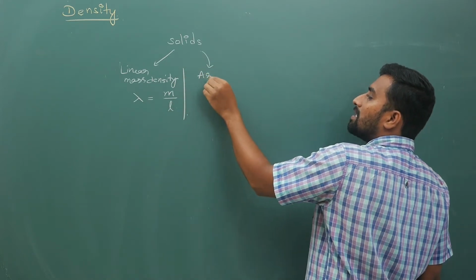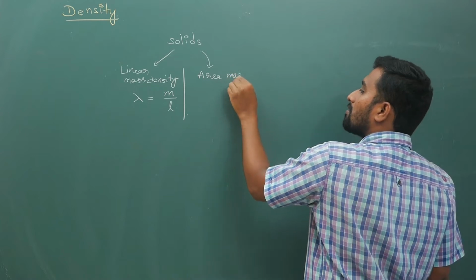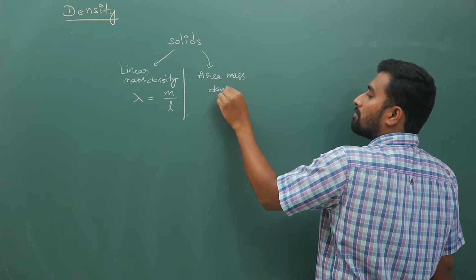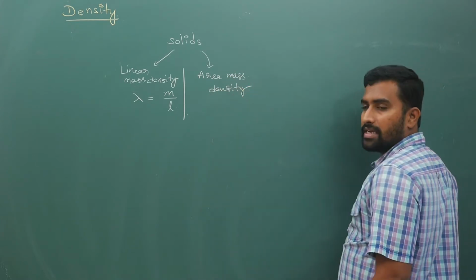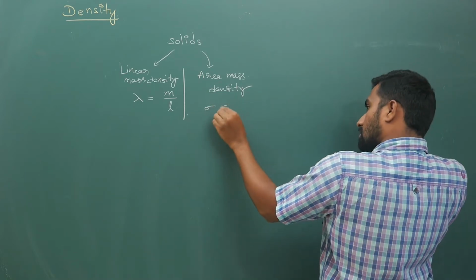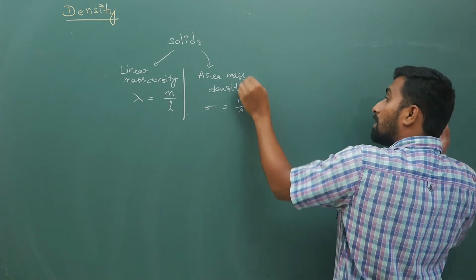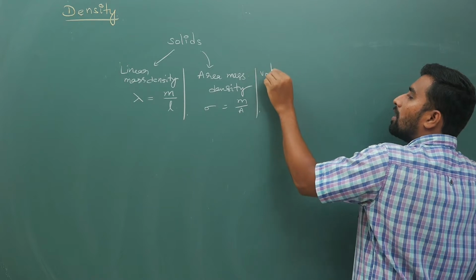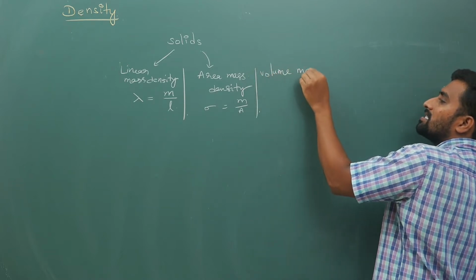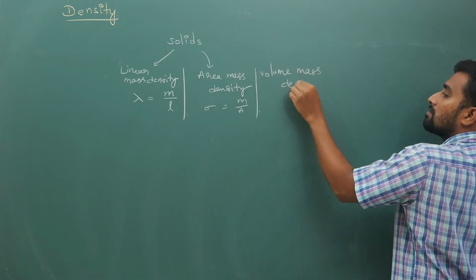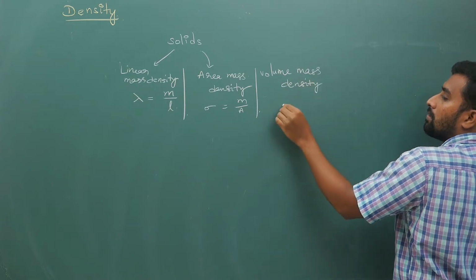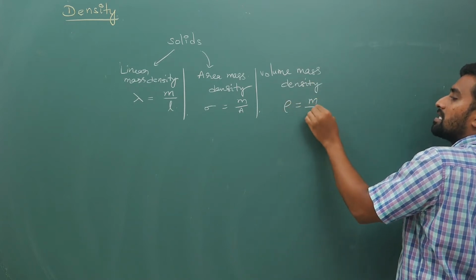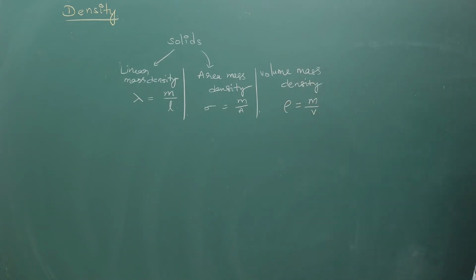For areal mass density, looking at the word density, don't always think it is mass by volume. Volume mass density is represented by rho, equal to mass by volume.